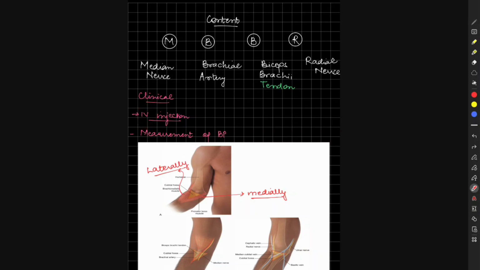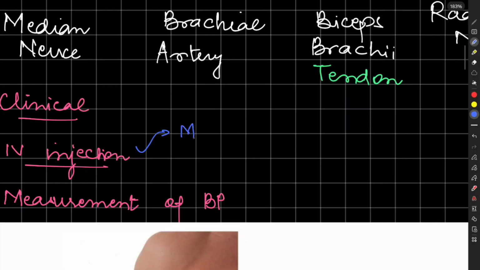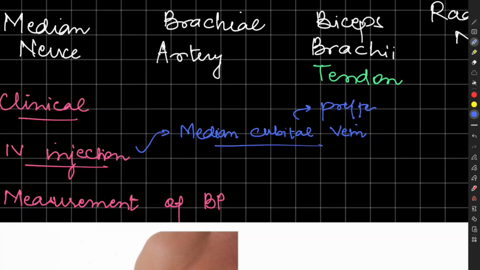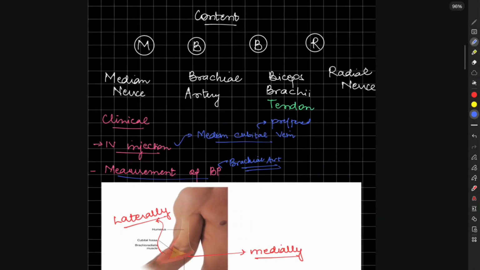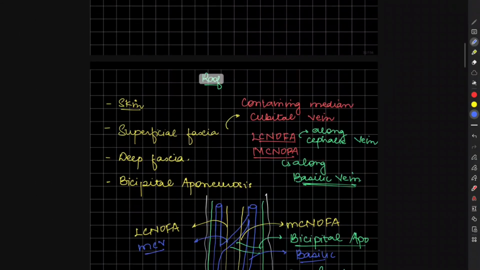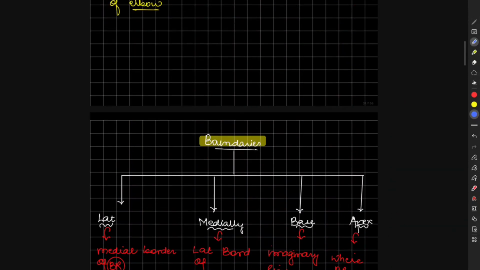The median cubital vein is the often preferred vein. Whereas measurement of BP, that is blood pressure, is done via the brachial artery in the elbow.